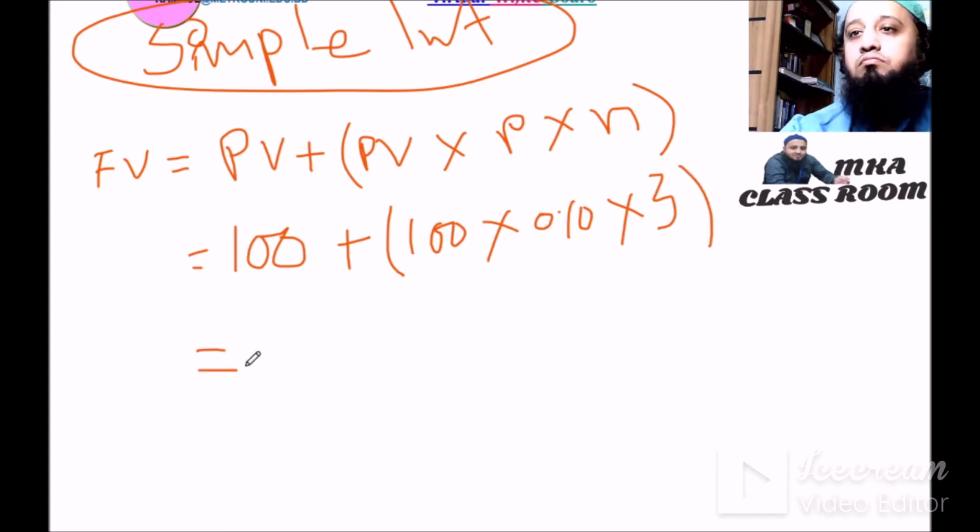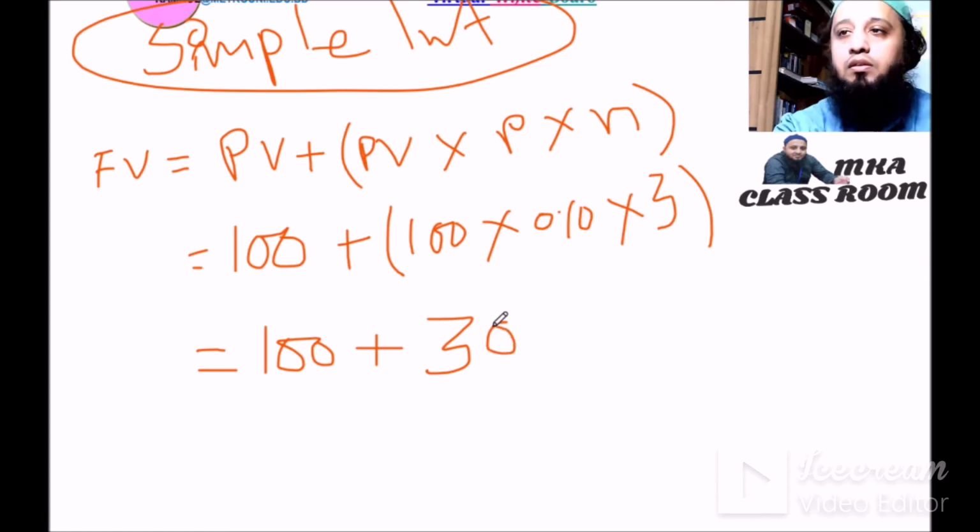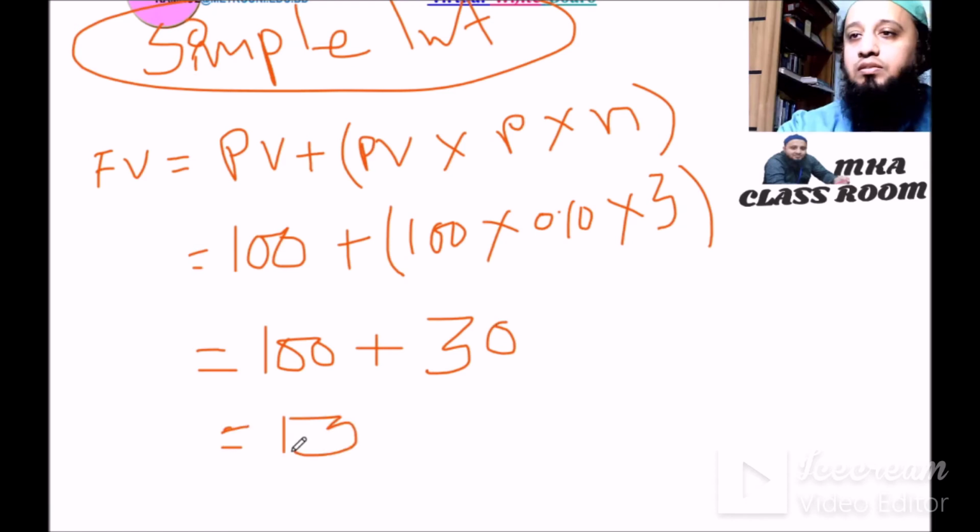If you have a calculator, please press it and check the result. It should be 30: 100 into 0.1 into 3. And after 3 years it should be 130 taka by using the simple interest rate.